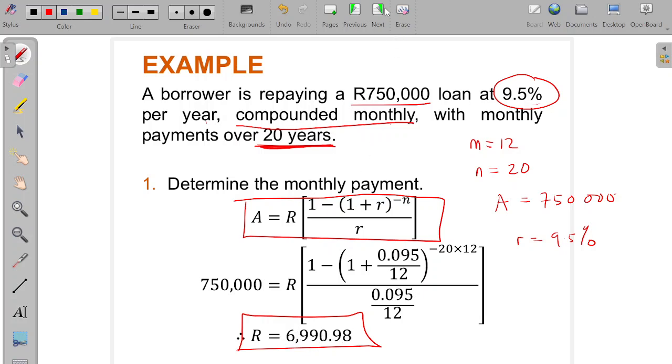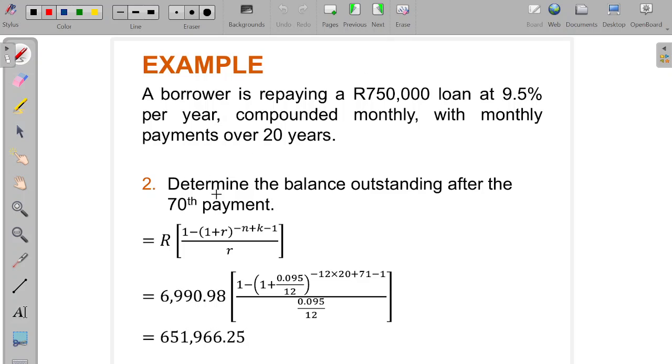Now, question 2: determine the balance outstanding after the 70th payment.